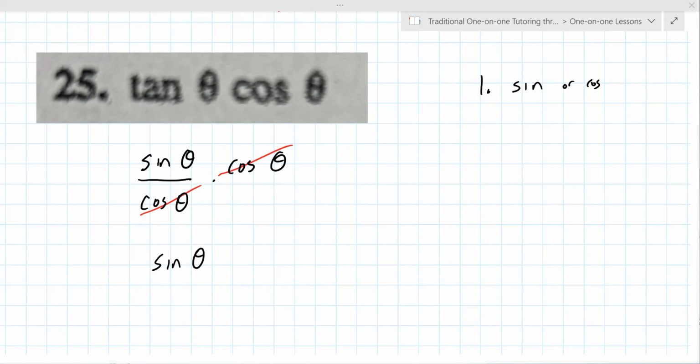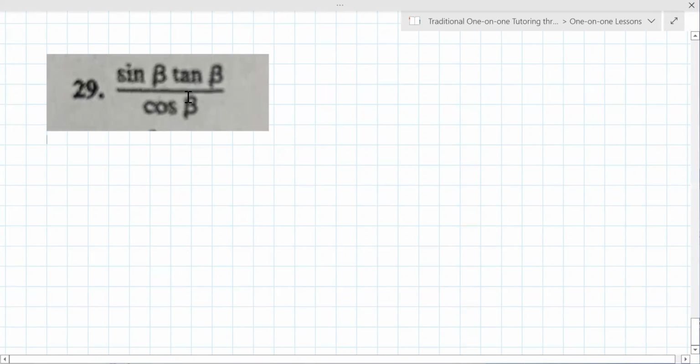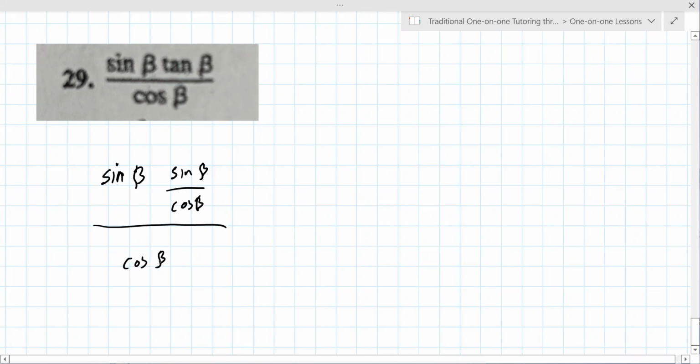So let's look at 27. No, 29. Okay, we'll look at 29 next. If you apply the same approach to this problem, tangent is really sine beta over cosine beta, and then it's all over cosine beta.